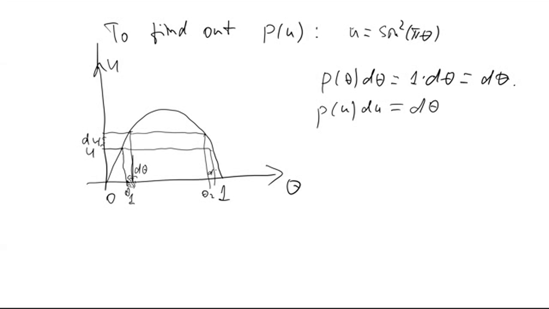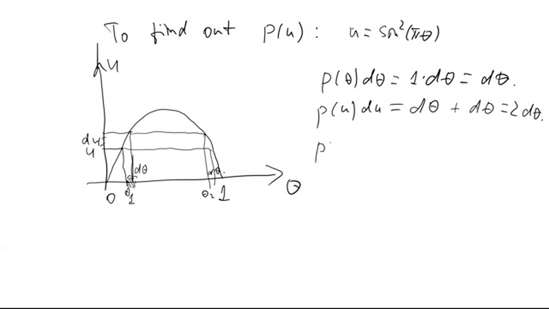And here it will be again d theta. So the probability for U to have a value between U and U plus du will be d theta plus d theta, so it is 2 times d theta.